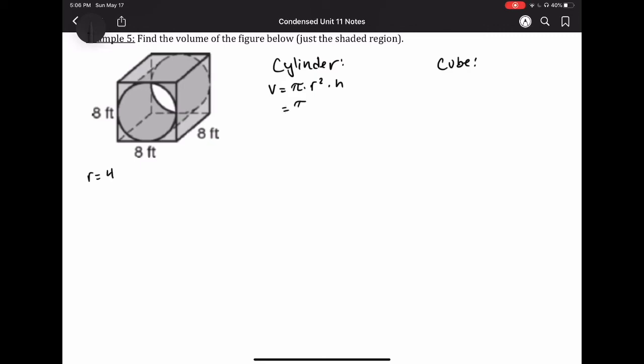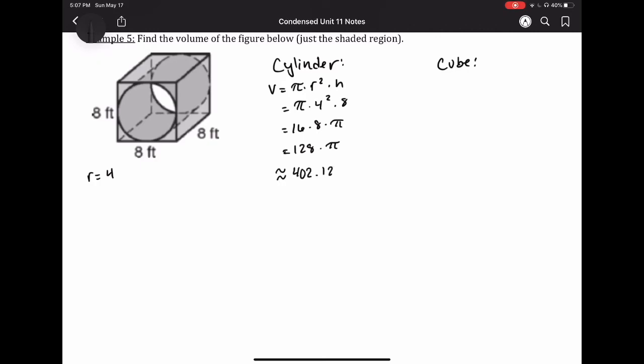So I have pi times 4 squared times the height of the figure, which is 8. 4 squared is equal to 16, so that gives me 16 times 8 times pi. 16 times 8 is equal to 128 times pi. 128 times pi is approximately equal to 402.12.